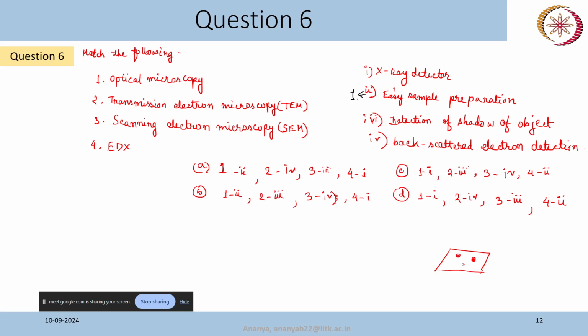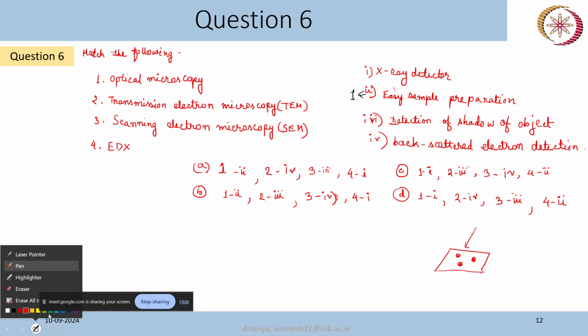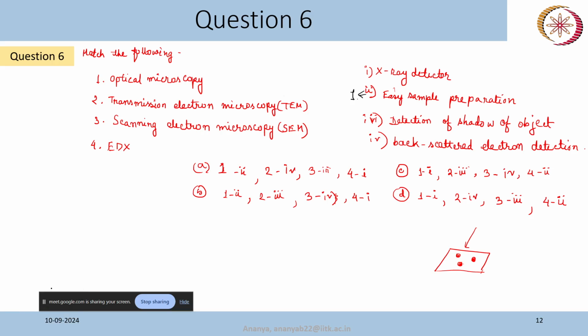Now if your electron beam travels like this, you will get a shadow, like we get the shadow of a tree or a house for visible light. In case of electrons also, if this beam is like this and the transmitted electron is like this, we'll get a shadow of these particles.